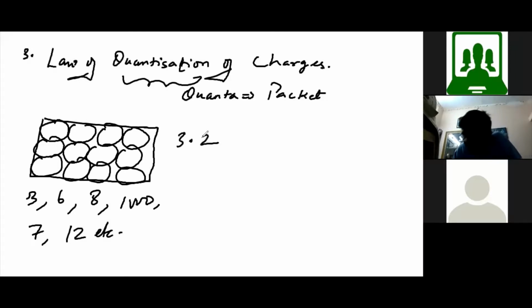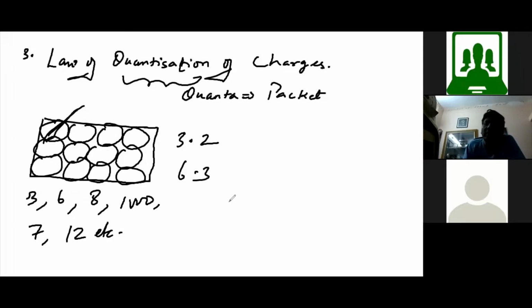Is it possible? No. Can you pick 6.3 balls from it? No, because it is very clear that you cannot divide the ball. You cannot cut the ball and pick it up.